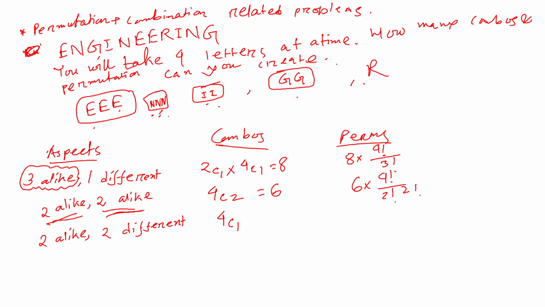Okay, sorry, I've made a mistake. Let me rephrase the thing. So I am taking two alike things. If I take two I's, how many types of letters are left? Four, right? If I nullify two G's, how many types of letters do I have?